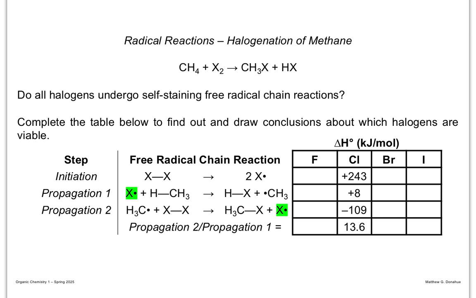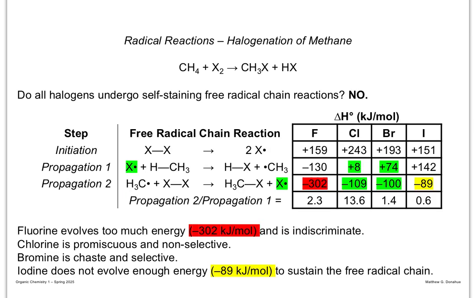And then what we're going to do is really compare the propagation step 1 and 2 entry values to see if it's feasible to use these other halogens. So the numbers are in the table. I would encourage you to go back and do that yourself to see if you come up with these values.